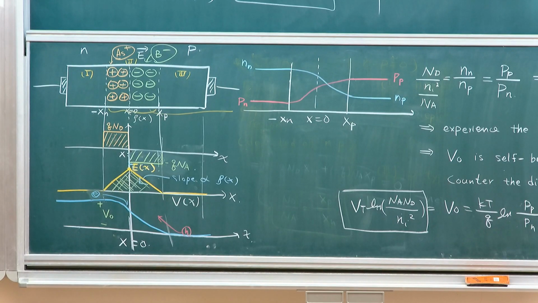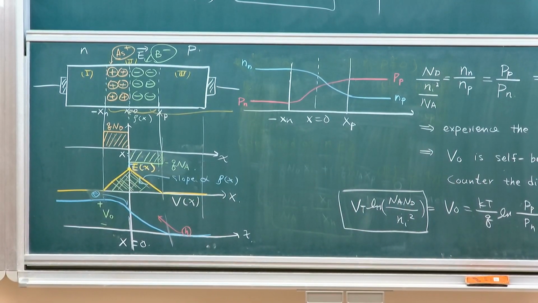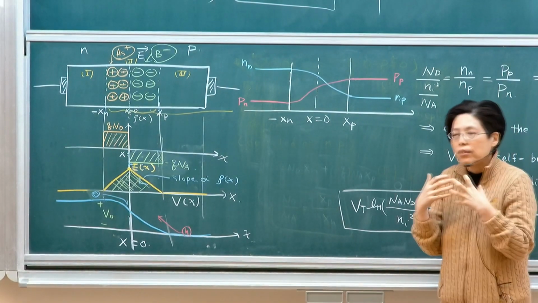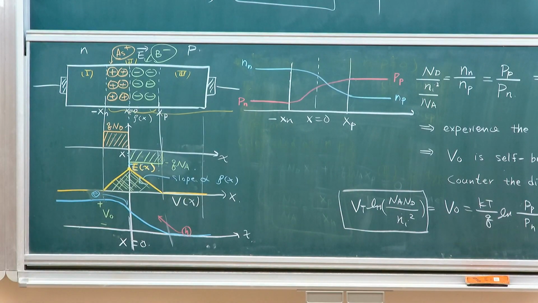One of the key things in junction engineering, which we're going to talk about not today but next Tuesday, is that people spend a lot of time ensuring they build a junction which will sustain high voltages. For example, nowadays people talk about third generation semiconductors.